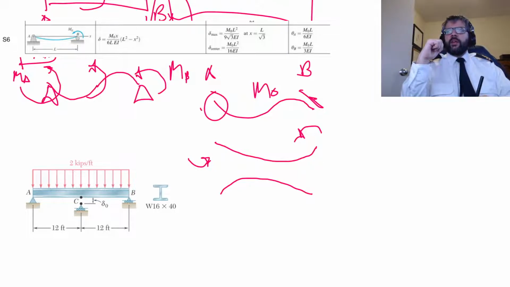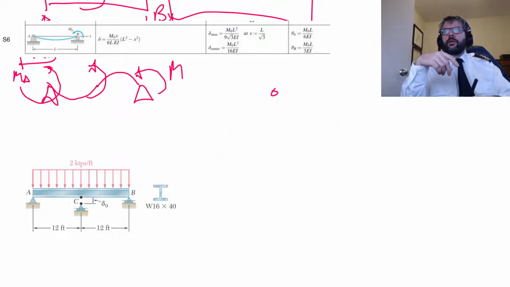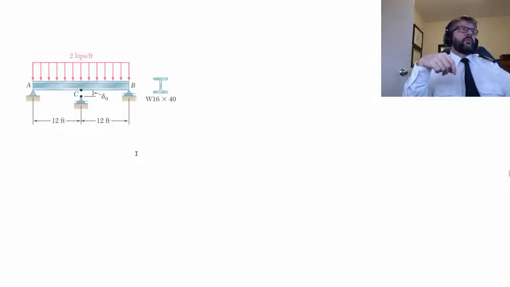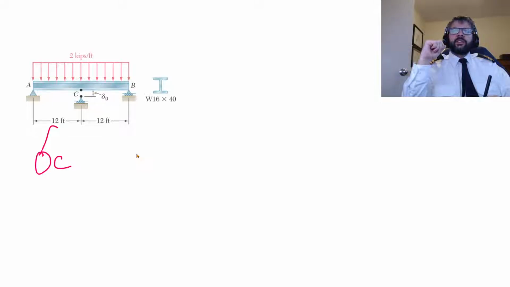So essentially just add up that slope there, that slope there, that slope there, equal to 0, and then that slope there, that slope there, that slope there, equal to 0. Again, the only real compatibility condition that matters here is that the displacement at C, max, is equal to delta naught.